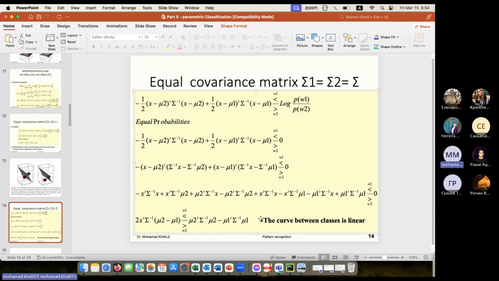Otherwise, you have to put it here. The development of all of these, with sigma 1 equals sigma 2 equals sigma, will give you this minus this. But if you have p(omega 1) different from p(omega 2), this will not be 0. So here you have to put a value, and plus a value here.